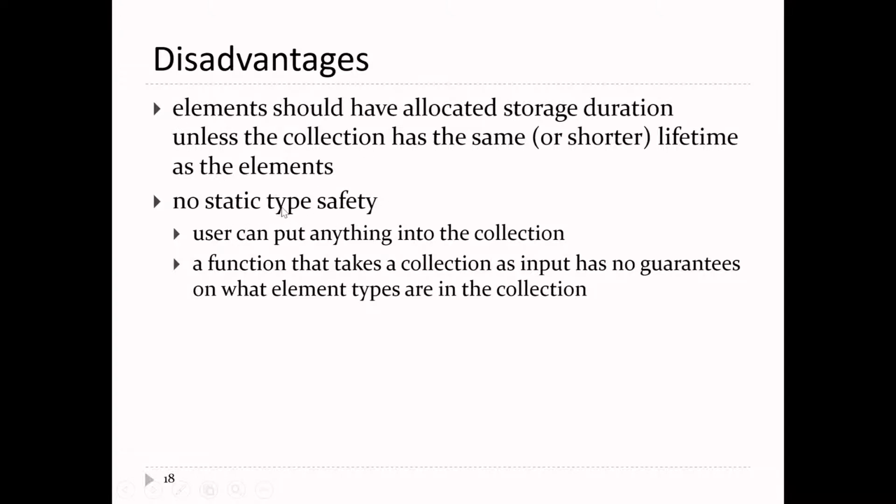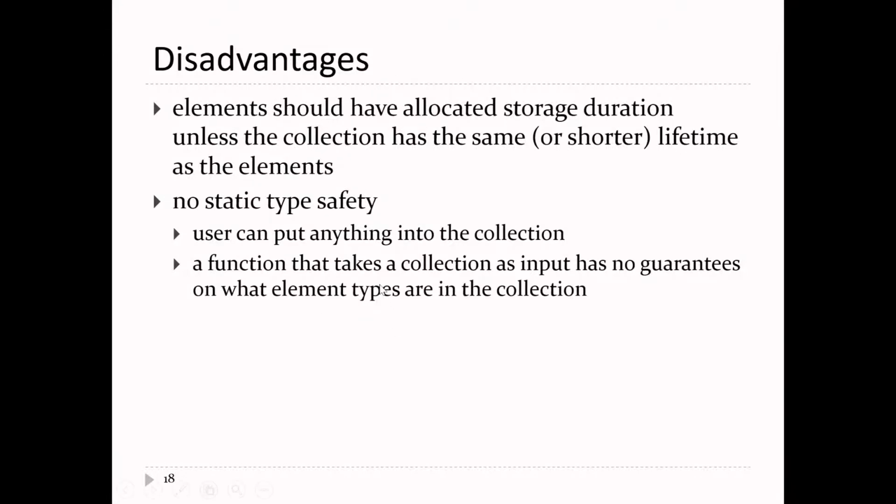The other problem is there's no static type safety anymore. When we made a stack where the nodes stored ints, you could only put ints into the stack. If you're now using void pointers to point to the elements, you can put whatever you want into the stack. So this behaves now like Python does. In a Python list, you can put whatever you want in the list.